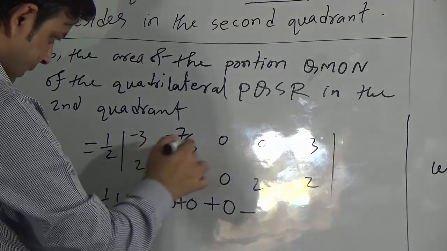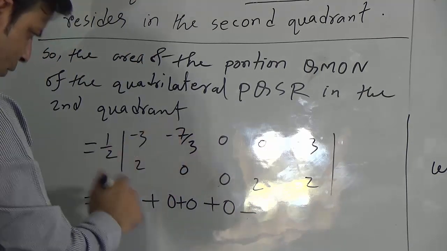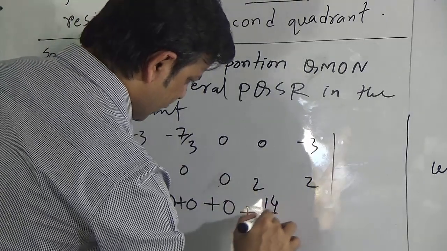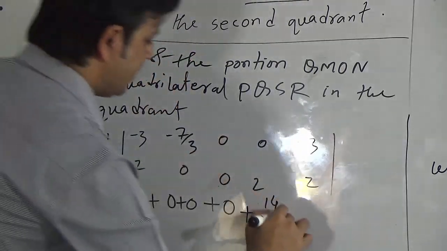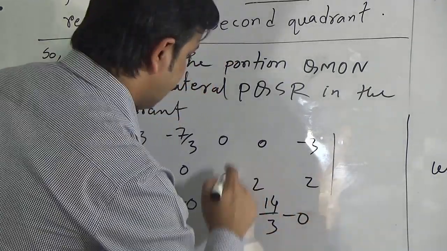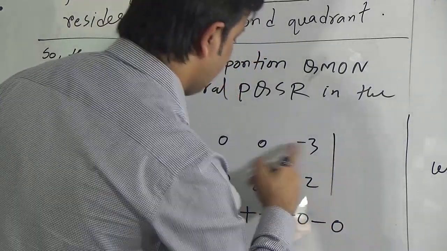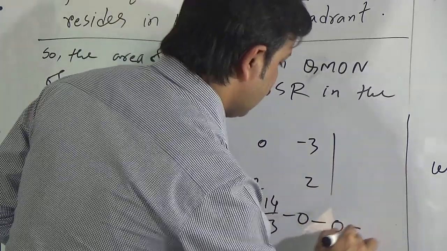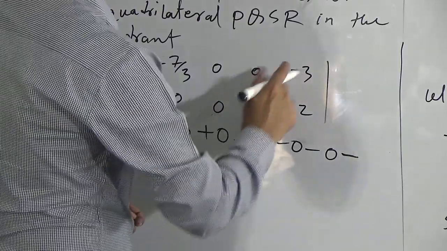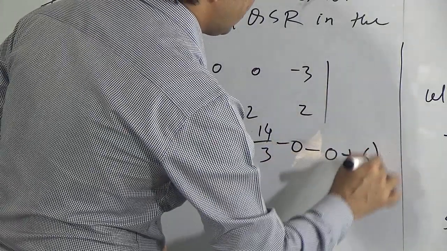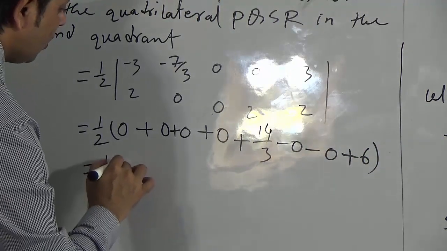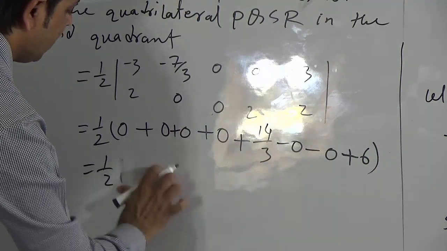Now we multiply this, and we will get 7 twos are 14. As here is minus, this will be plus, 14 by 3. Then this diagonal is 0, so we write minus 0. Here minus for the formula, and this will be minus 6, so this will be plus 6. Now we write half and do the sum.